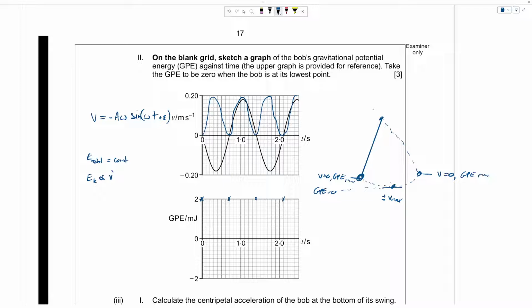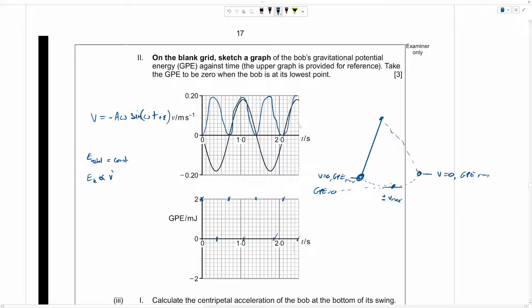Every time that V is a maximum value, the GPE is 0. So here, that's our 0 point, here, 0 point, here, a 0 point, and here, a 0 point. So well worth kind of sketching those on before you attempt to draw your curve.